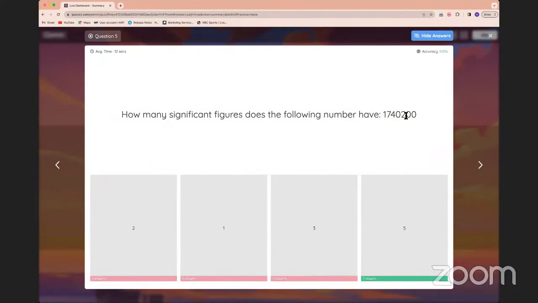And then here, this again is a situation where these 2 zeros could be significant or not. So you could have 1, 2, 3, 4, 5, 6, 7. So you could have 7 or 6 or 5. So the correct answer could be 7 or 6 or 5.